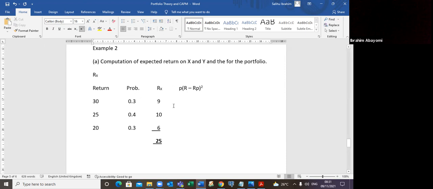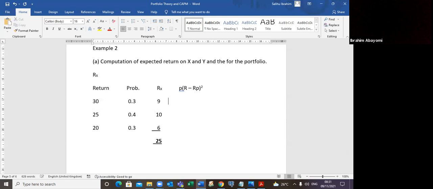That's variance. So I will pick 30. 30 minus 25, squared, times 0.3. I square it and multiply by the probability.